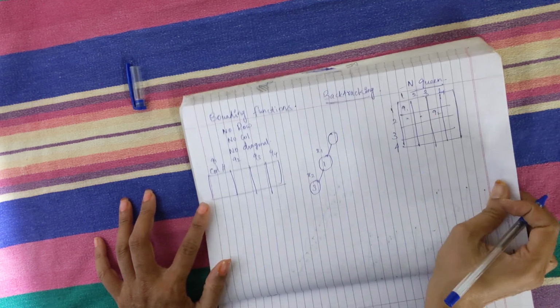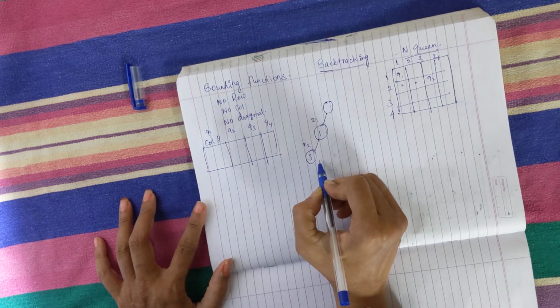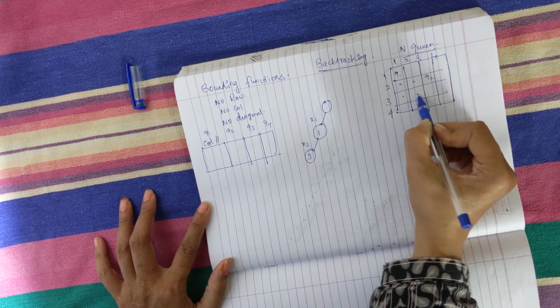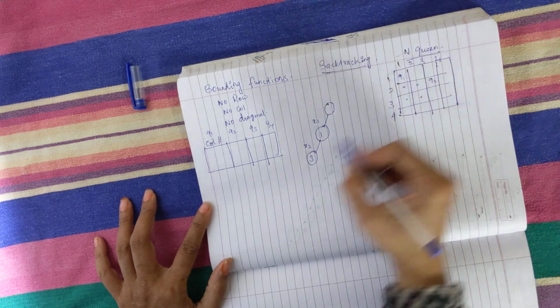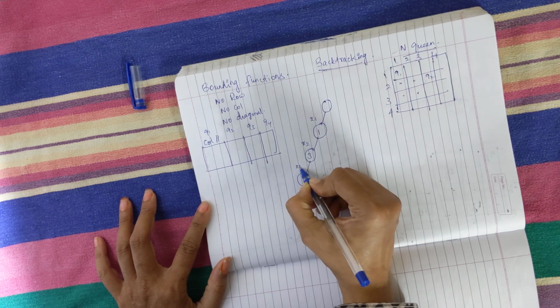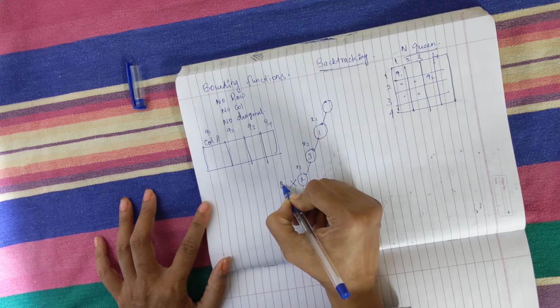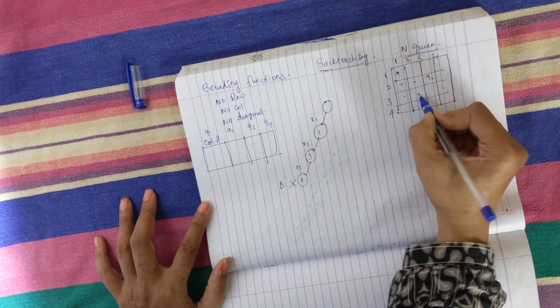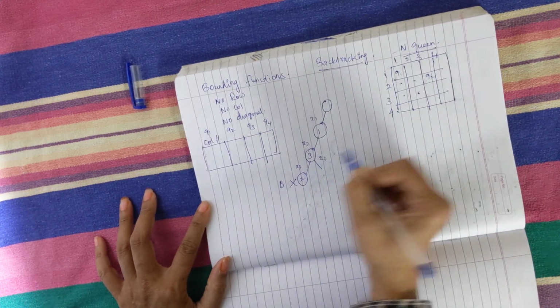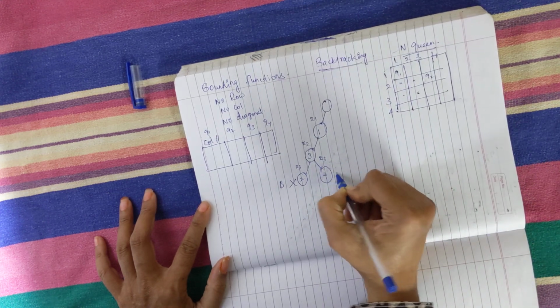Next, what happens for Q3? You cannot place it here, because if you do, it is on a diagonal. Placing Q3 here is a violation of your bounding condition, so you will not do that. Placing Q3 in the fourth position is also a wrong bounding condition.